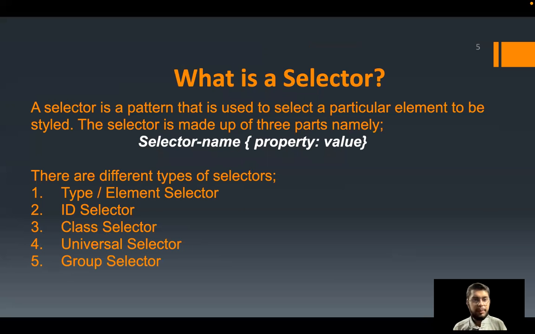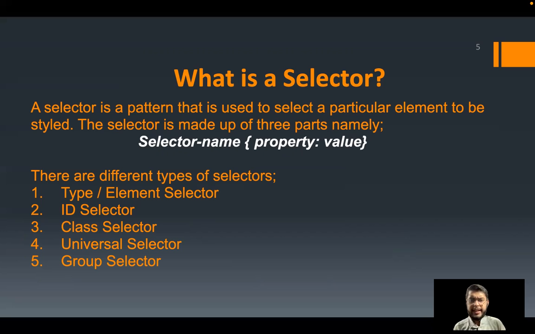A selector is a pattern that is used to select a particular element to be styled. The selector is made up of three parts: selector name, property, and value. The selector is a pattern that points to a particular tag that we need to style. Let's take an example of a paragraph tag.